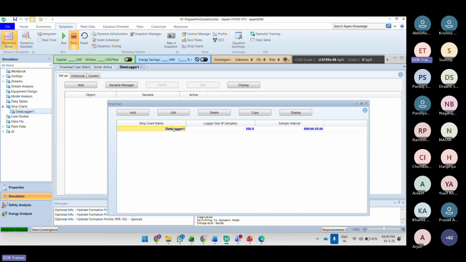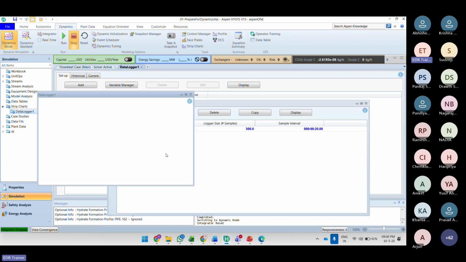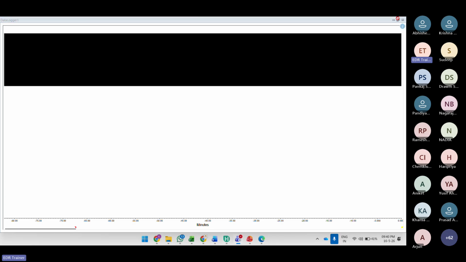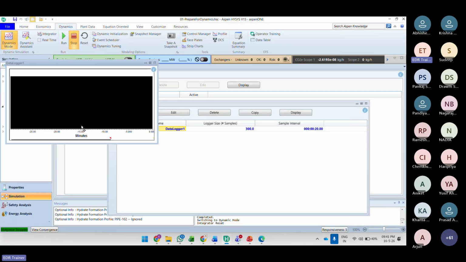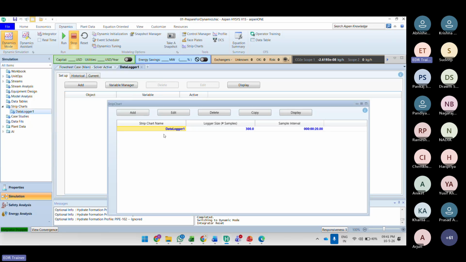It is similar to your DCS screen. Once you start the simulation, the parameter which you want to see can be added here, and then you can run the simulation and it will be shown to you.